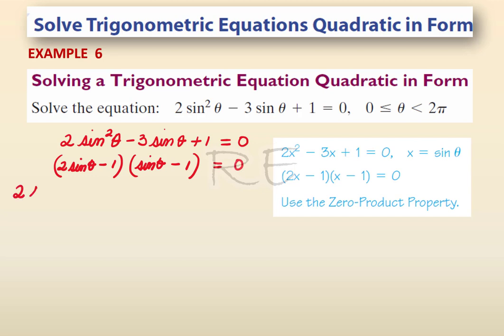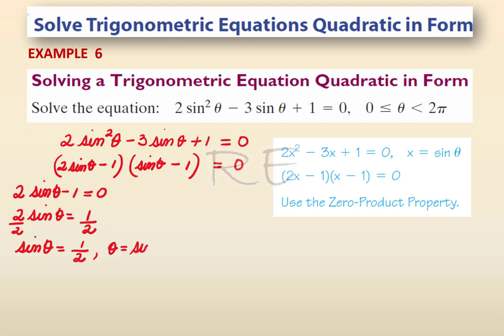Now, using the zero product property, 2 sine theta minus 1 is equal to 0. Therefore, 2 sine theta is equal to 1. We add 1 to both sides, and when we divide both sides by 2, sine theta is equal to 1/2.